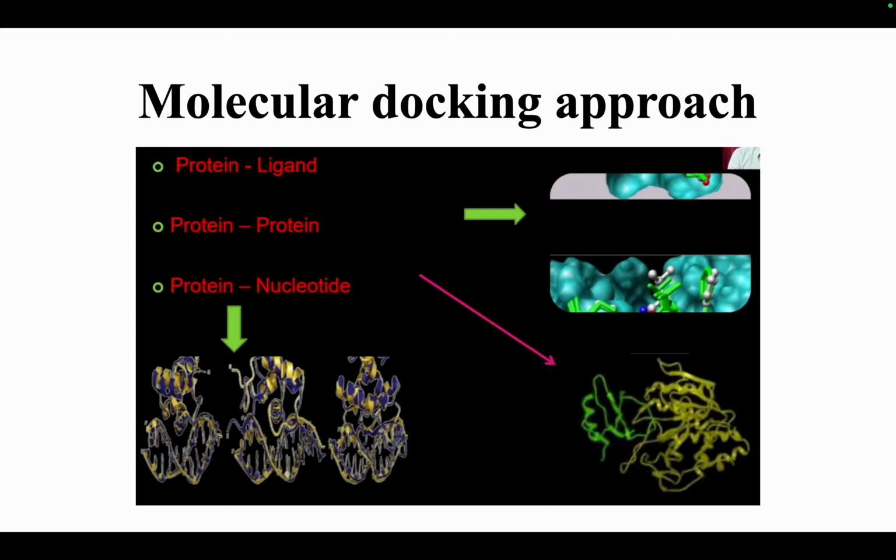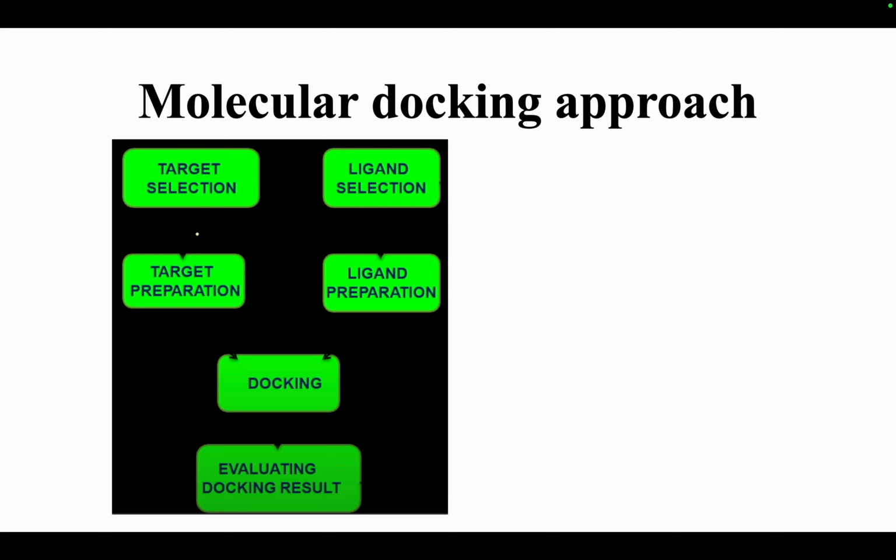So for this approach we need to have a target selection. What is this target selection? It will be our protein with a binding site, the substrate binding site or inhibitor binding site. We'll select the target first. We'll select a few amino acids surrounding the active site, like as shown previously, some glutamic acid, histidine or cysteine.